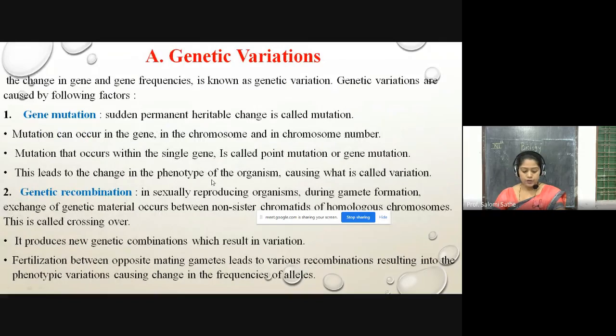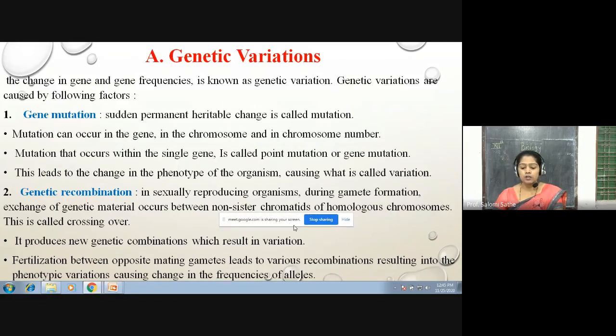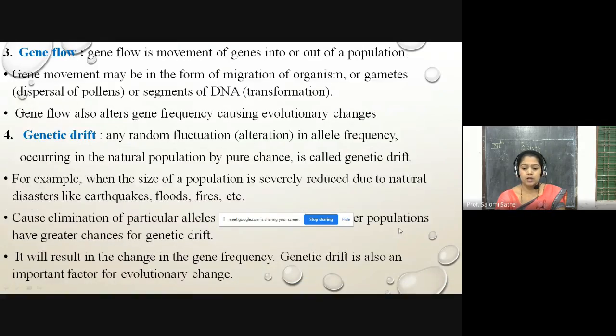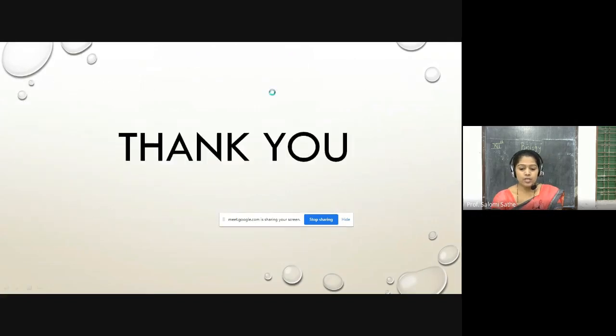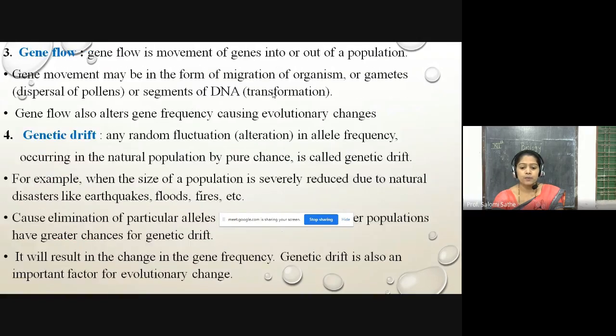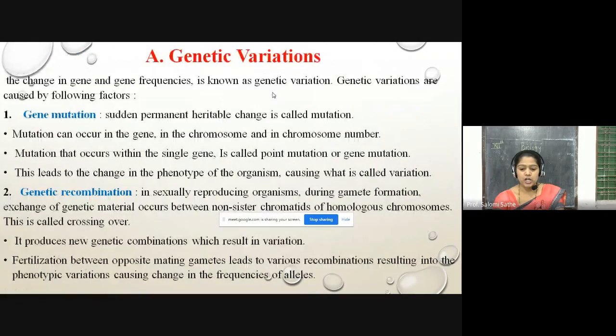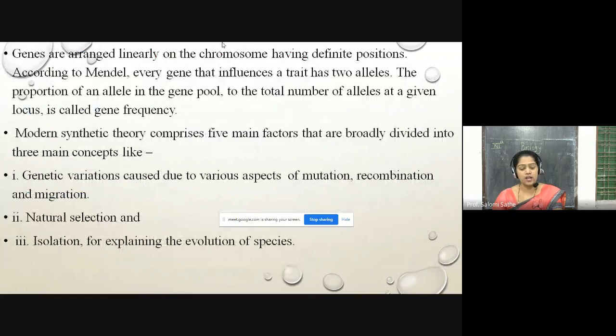I hope you all understood our today's lecture. In our next lecture, we will learn the next part of our chapter, origin and evolution of life. That is the second part, natural selection. In our today's lecture, we learned genetic variation, natural selection and isolation.